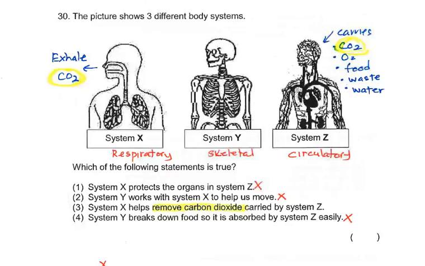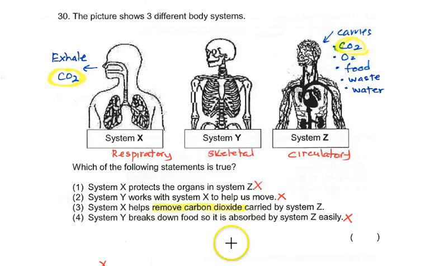Carbon dioxide is waste. It's not needed in the body. Therefore this thing carries the carbon dioxide to your lungs. And from the lungs, the carbon dioxide gets exhaled through the mouth or the nose. Okay, so 3 is correct, right? 3 is correct. 4 is not right.